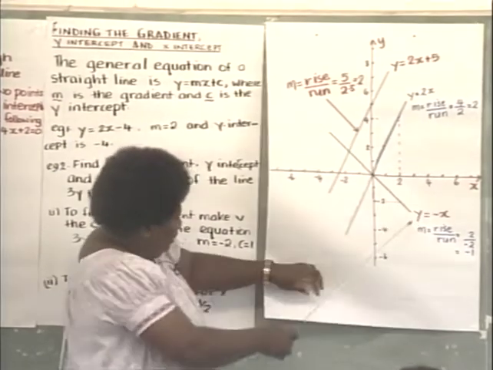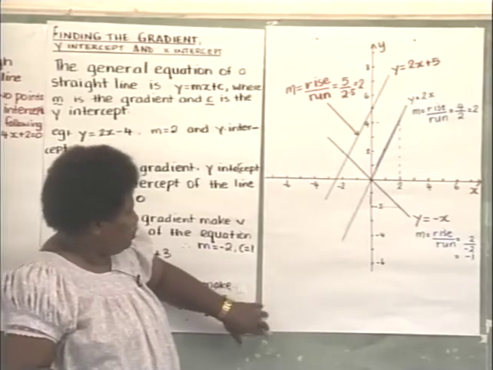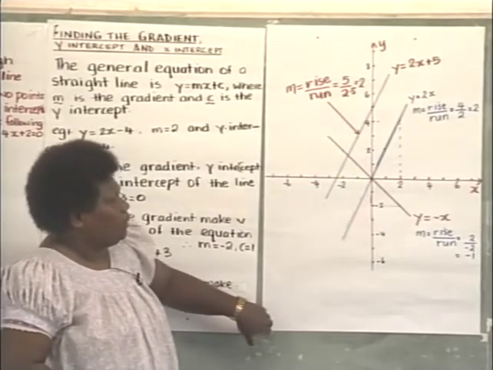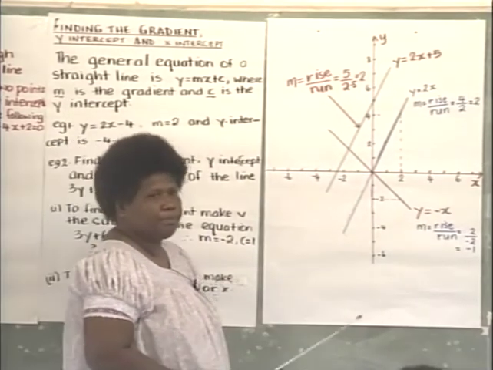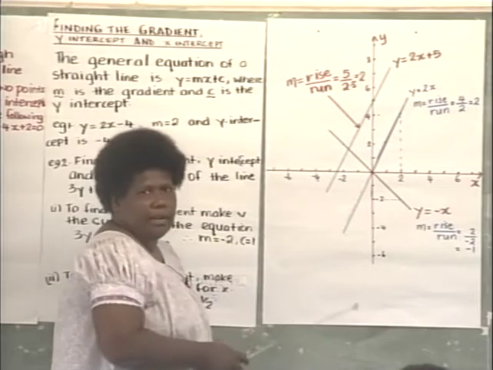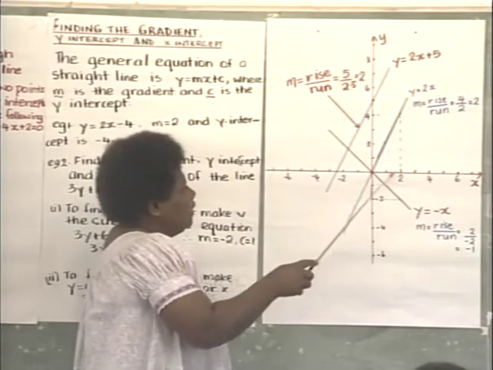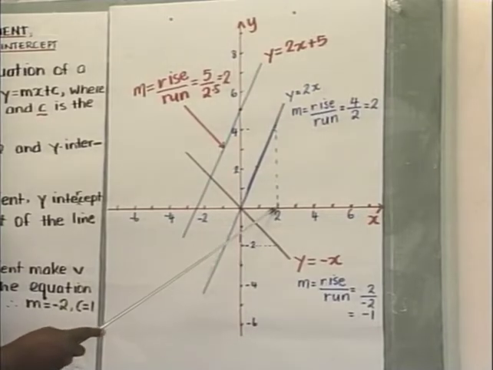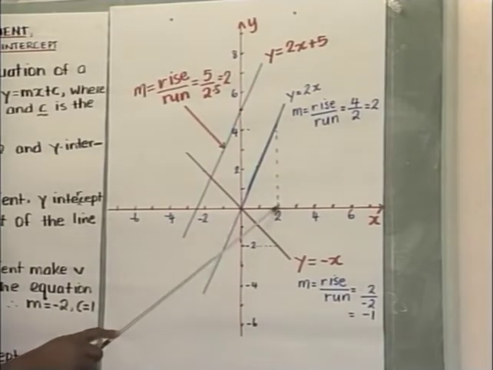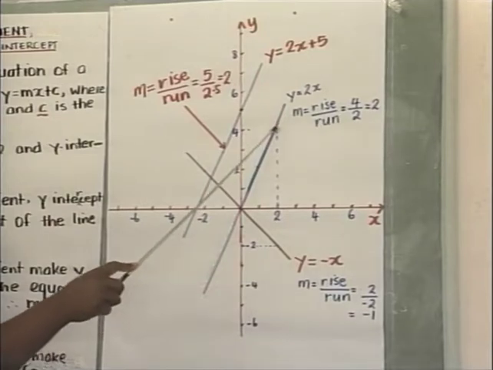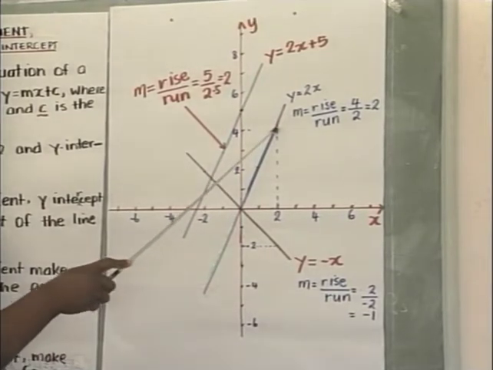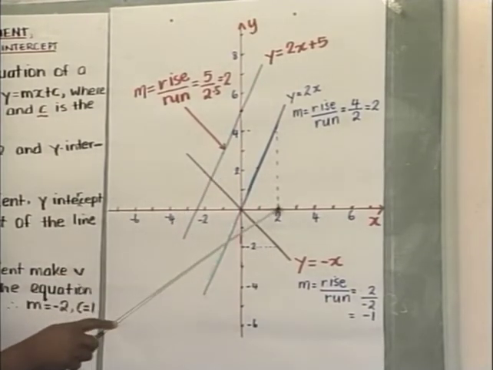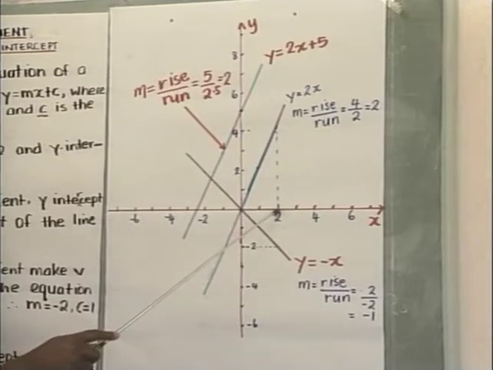Okay, for line A, y equals 2x, how would we work out the gradient is 2? Now, using rise over run, this is how I would do that. All right, starting from the line, if you go to the right, that means the run is positive. So it's positive 2. And then from here going up, the rise is also positive.